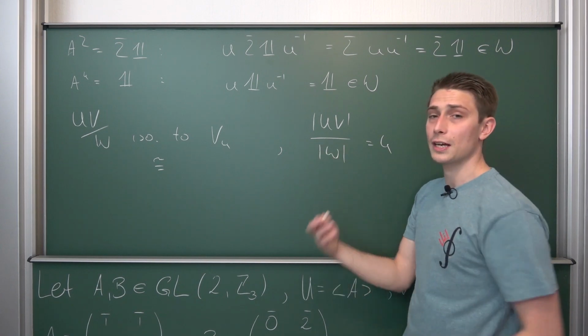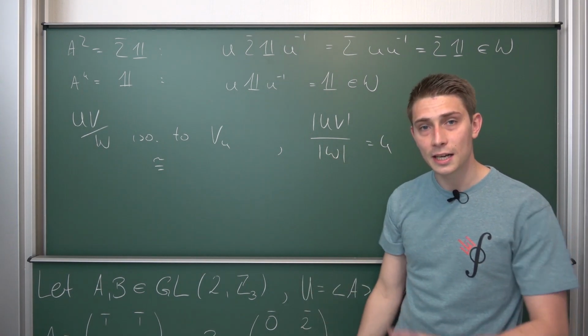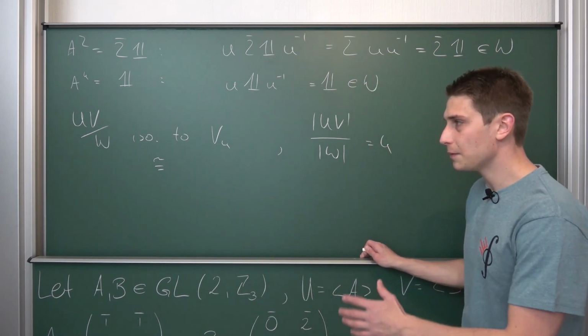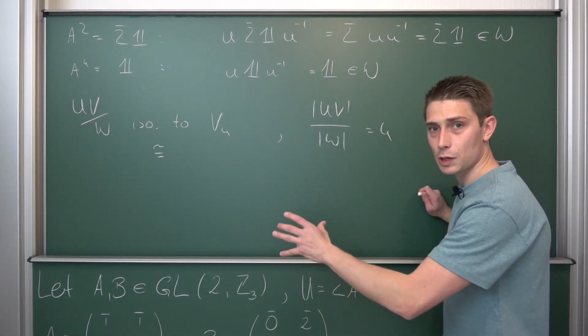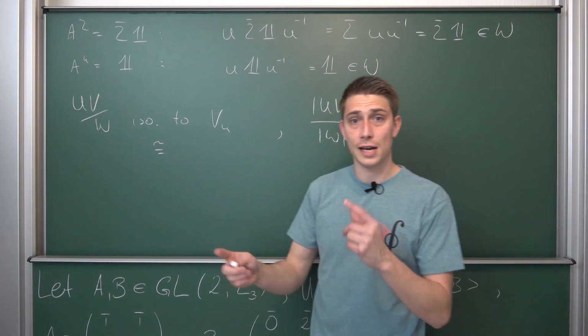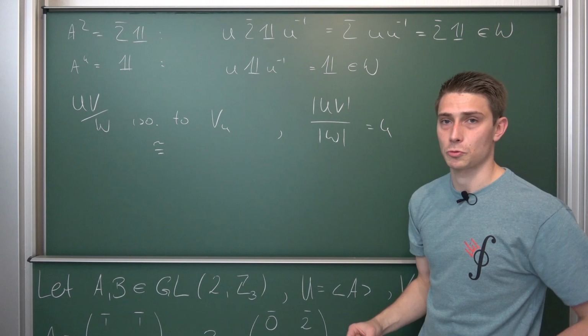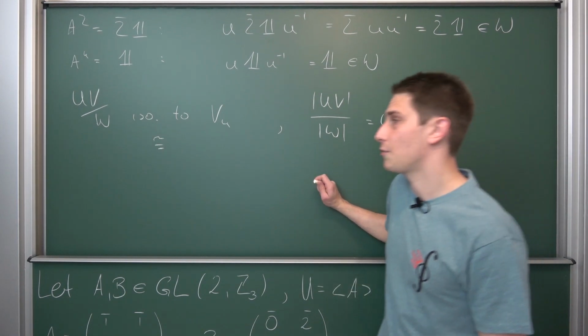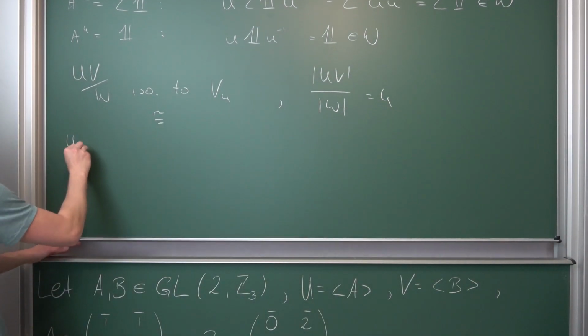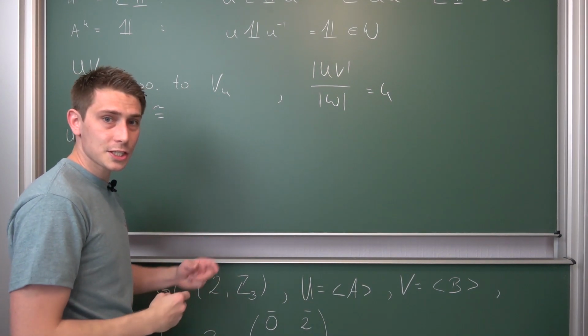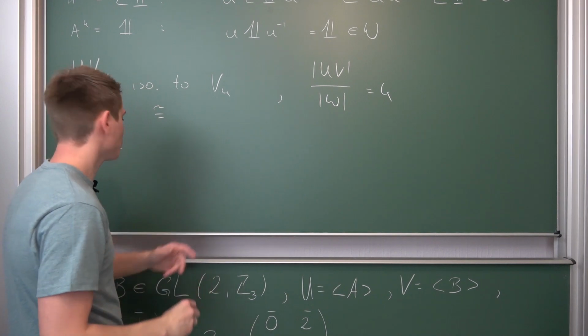Here is where a lot of calculations will come in, a lot of outtakes, because it's kind of a lot of calculating, okay? I'm going to go through each and every thing that we are going to have here and then see if any double, and then we are going to see what the elements explicitly are in our factor group. Just as a side note, what is the factor group exactly? UV, factor group W, is nothing but, well, it depends on your operation. We are having matrix multiplication here.